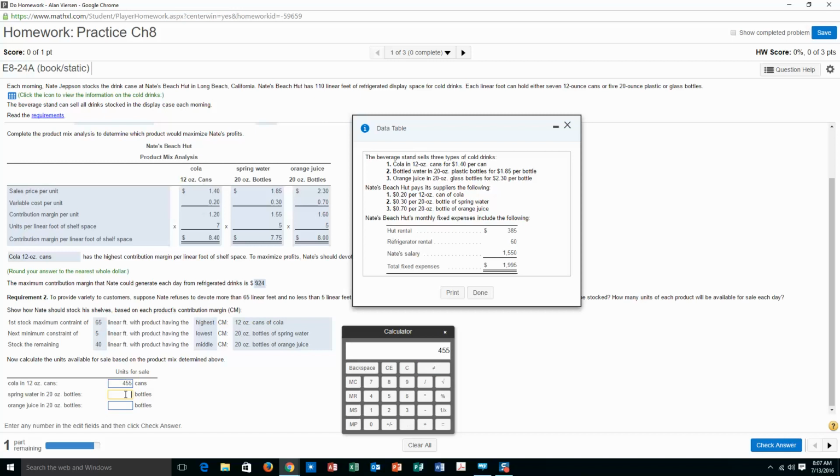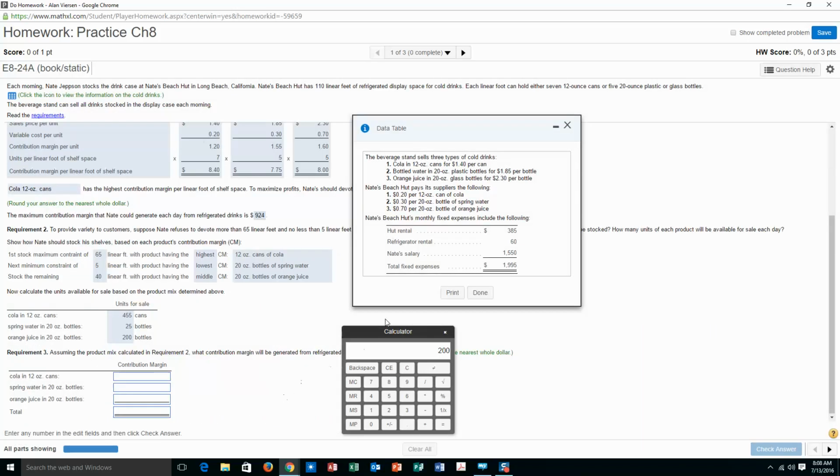And the number of spring bottles, we have 5 feet, and we have 5 bottles per foot, so that would be 25. And finally, we have 40 feet of the orange juice. Those are 20-ounce containers, so we can have 200 of those. Check our answer.